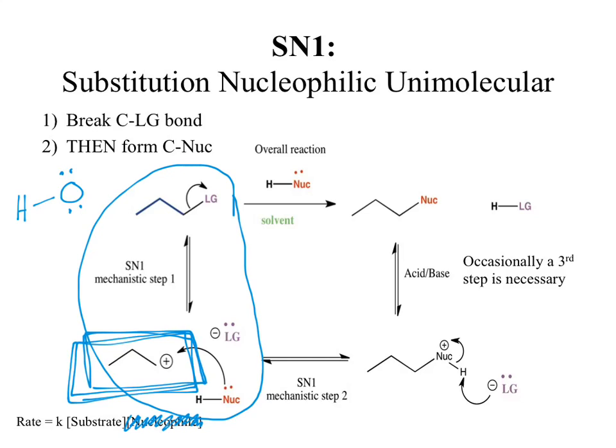Add something positive. What's special about a protic solvent? That's hydrogen. What's special about that hydrogen? It's partially positive because oxygen is extremely electronegative. The leaving group can be stabilized by our polar protic solvent.